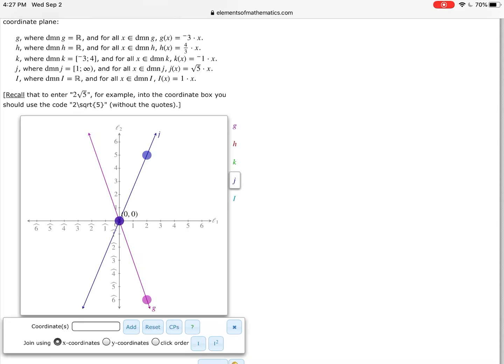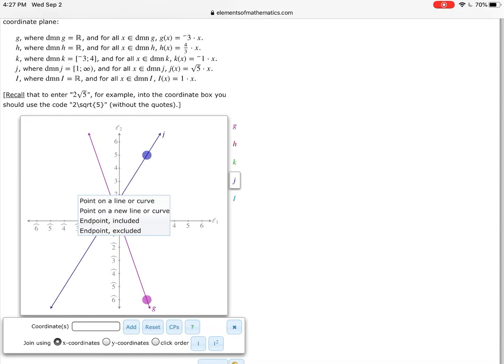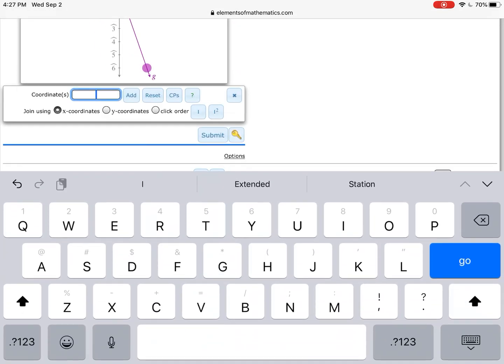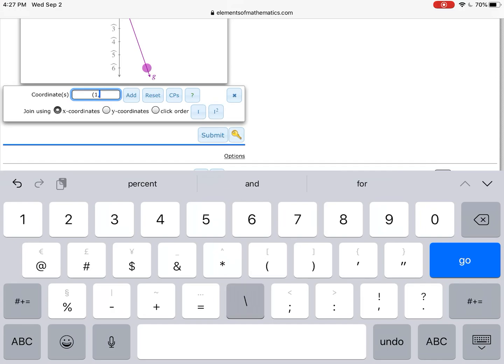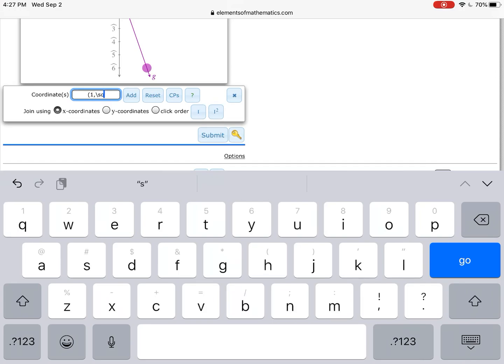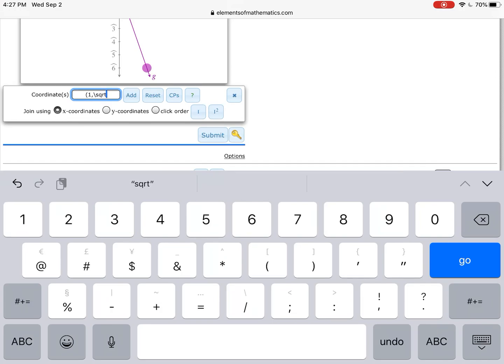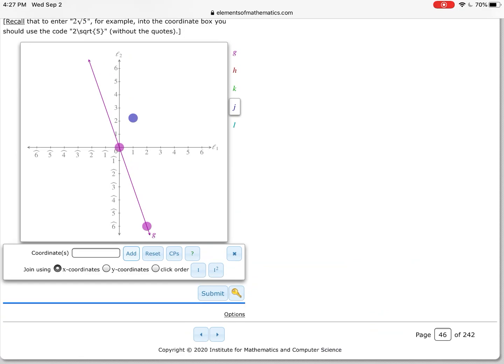Well, all that really means is try getting rid of one of these points. Actually, let's get rid of them both, and we'll try it again. We'll put 1 comma the square root, again with the real number codes, SQRT, and we'll go with those braces again with the 5. That's great. I hit add, and there we go.